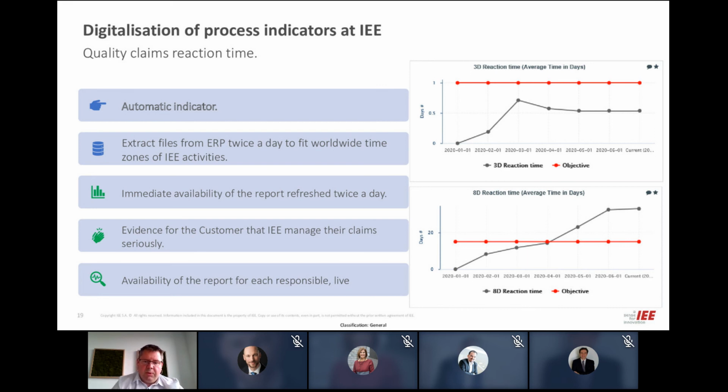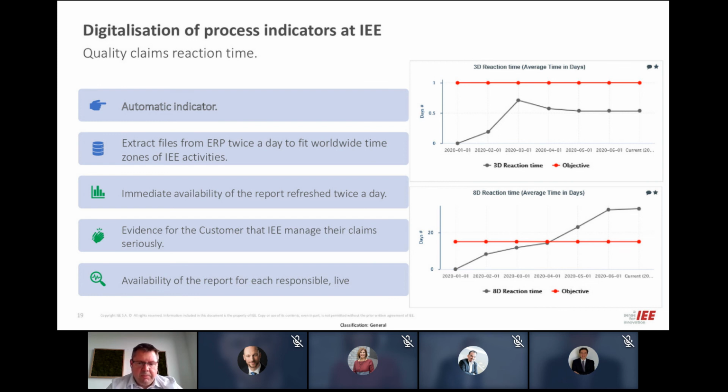And we can see now on the upper graph on the right that on a daily basis, we can see where we are regarding the indicator and the target, and if I select the table, I can then see the list of quality claims and which ones are getting longer, so we can react on them.